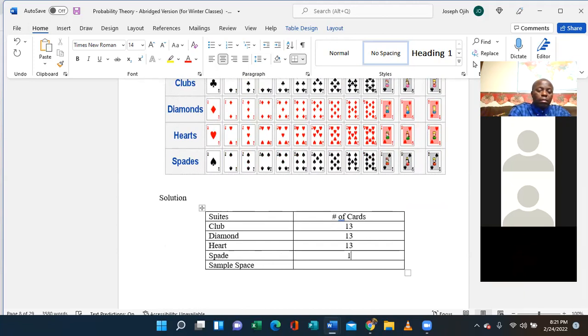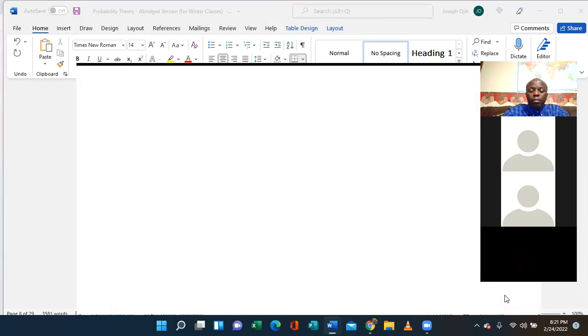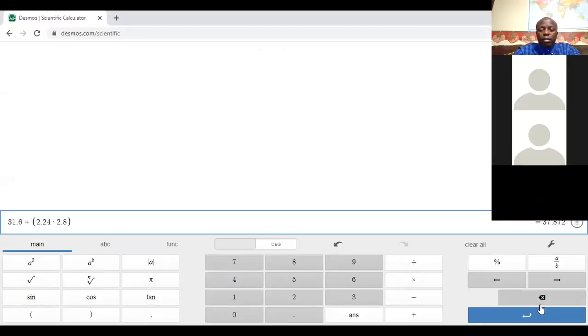So the sample space will be the total of all this sum. I'm going to clear this. We have 13 plus 13 plus 13 plus 13.